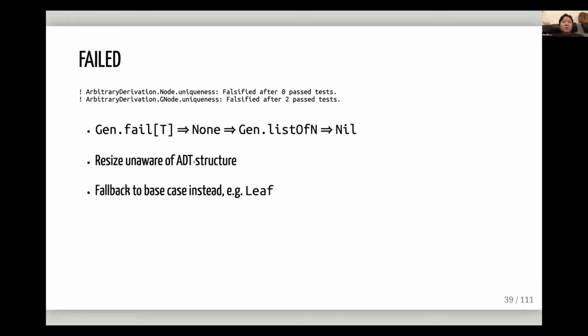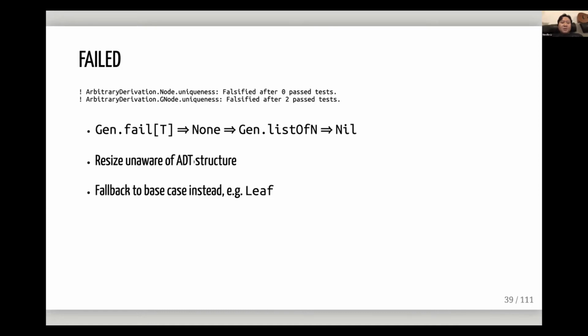It turns out that when generators fail, the generator produces None, and the list generator uses traverse internally and will produce a Nil. All of this is because the Magnolia derived generators here are not aware of the structure of our ADT. It doesn't know that Branch will keep recursing, whereas Leaf is the terminal state. And in this case, we actually wanted to fall back to Leaf instead of failing when we run out of size.